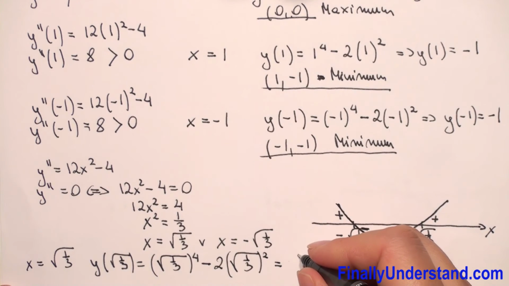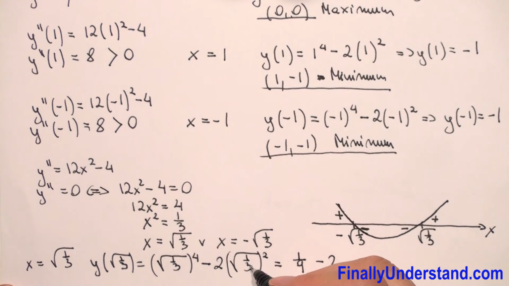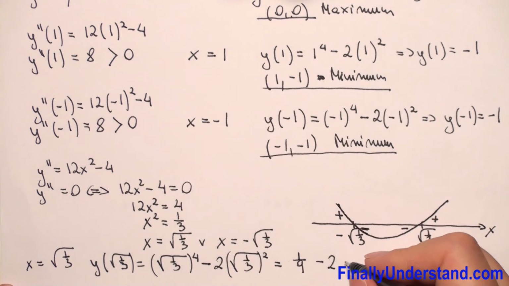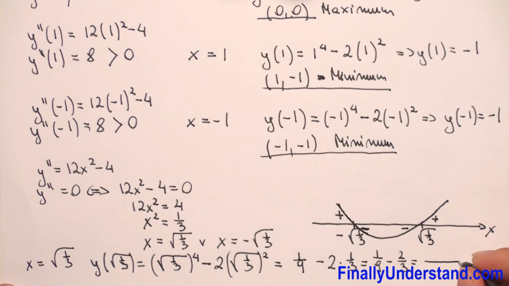It will be 1/9 minus 2 times square root of 1/3 to the 2nd power, which is 1/3. So this is equal to 1/9 minus 2/3. To subtract these two fractions, we need denominator 9. So we have 1 minus 2 times 3, which is 6.